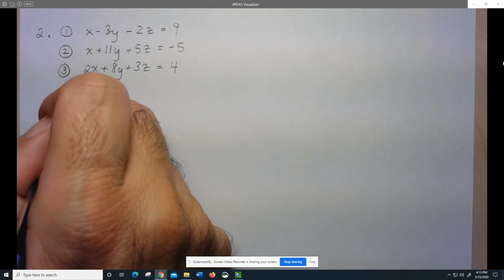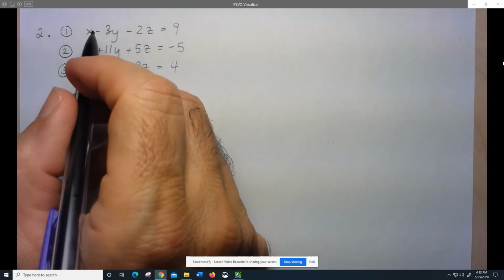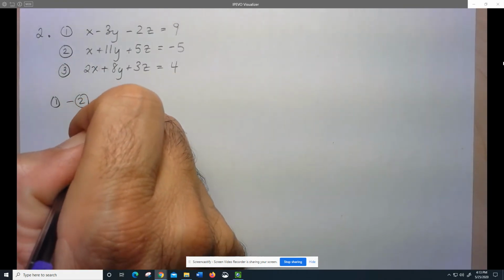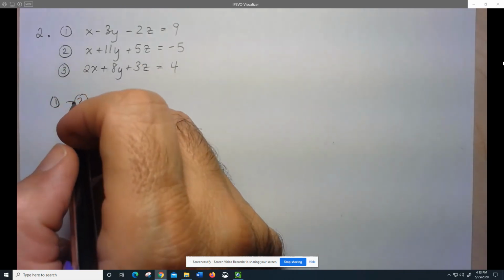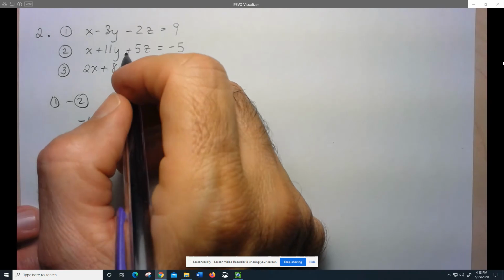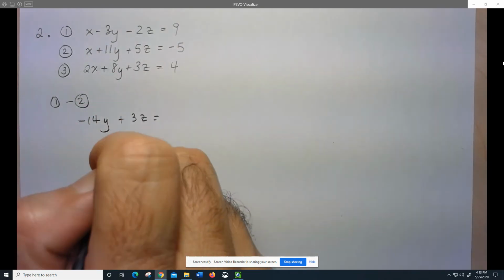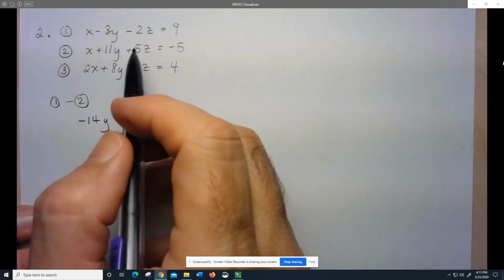So 1 minus 2. So x minus x is 0. Negative 3 minus 11, that's going to be negative 14y. Then here we've got negative 2 plus 5 is going to be plus 3z. And then here, oh, sorry, we're subtracting.